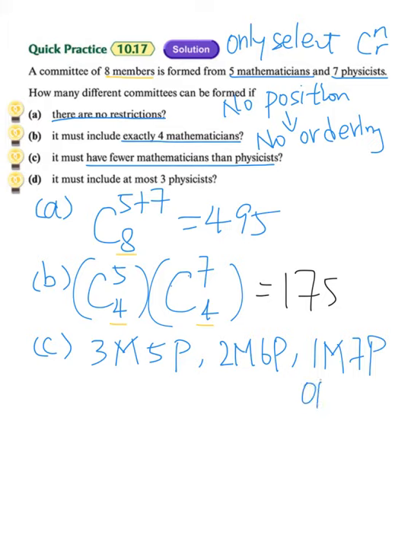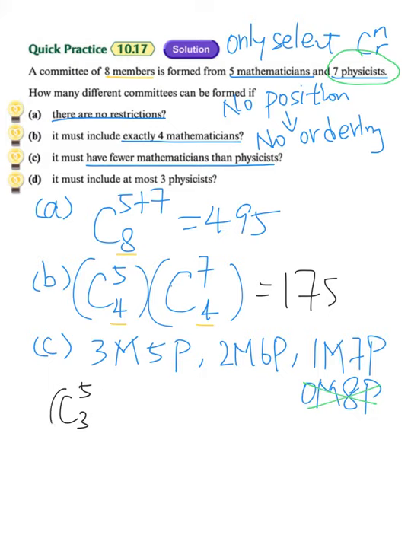And finally, don't forget you can have no mathematicians. But wait, in this context we don't have 8 physicists, so this case cannot occur. So you just need to add these 3 cases together.